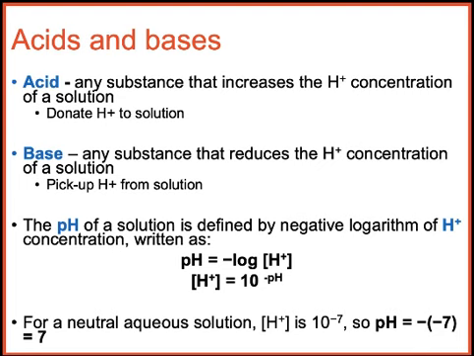It's a log scale. You're going to jump up every time you do one step in the scale, going up by tens, times 10. So for a neutral aqueous solution, the concentration of hydrogen is 10 to the negative 7. So the pH, well, what is it? It's going to be minus the negative 7, which will be 7.